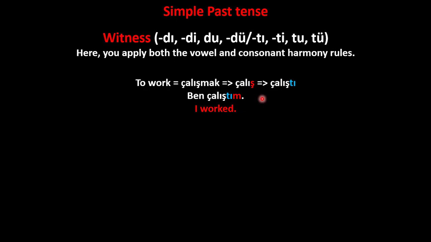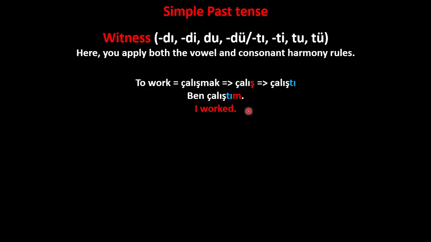Ben is I, and in çalıştım, the t indicates the past tense, and the m at the end tells us who is speaking, which is I. Here you can even omit the ben and just say çalıştım, and it is well understood in Turkish.